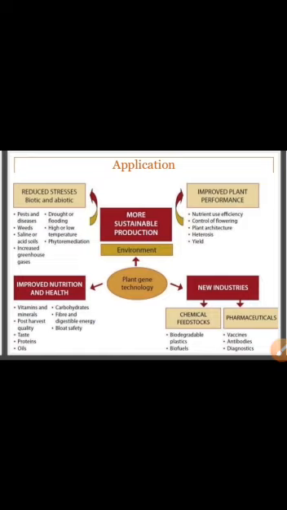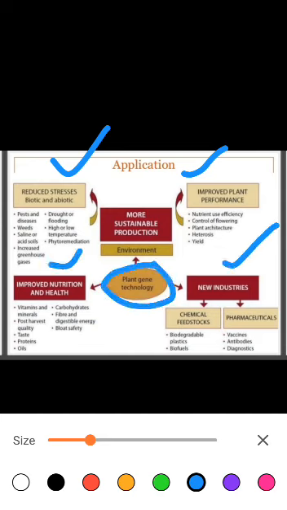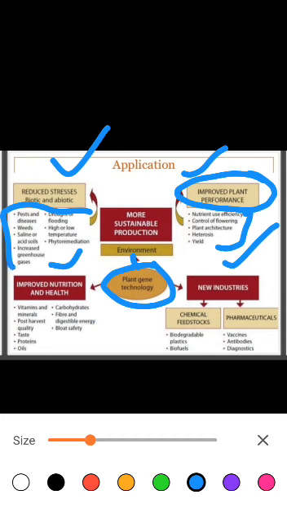So they can be used for improved plant performance. Why are we doing this? To improve plant performance, it reduces stress, improves nutrition and health, and creates new industries. So plant gene technologies are related to the environment and more sustainable production. By improving plant performance and reducing stresses, biotic and abiotic, we can reduce these problems. You can just note it down, I will give you the PDF.